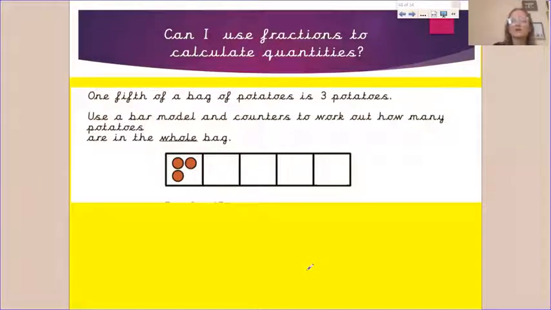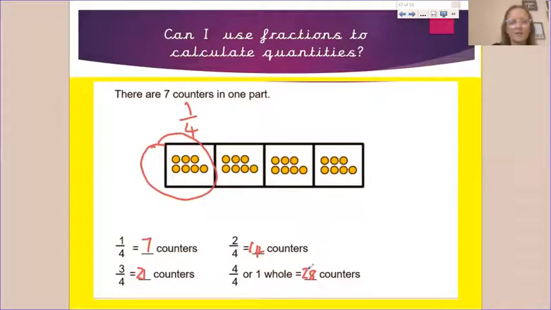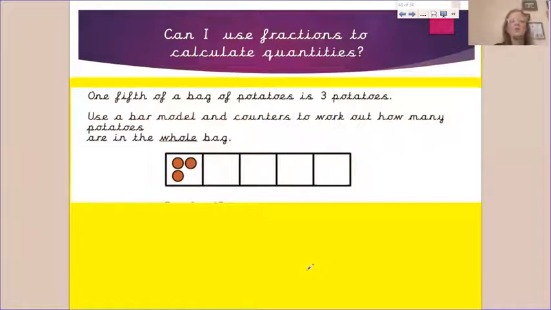Right, using your bar model and using the examples that we've just been through, complete the following, just as you have here. So you can see from the amount of equal parts there are, we're counting in fifths. So 1/5 will equal 3 counters.